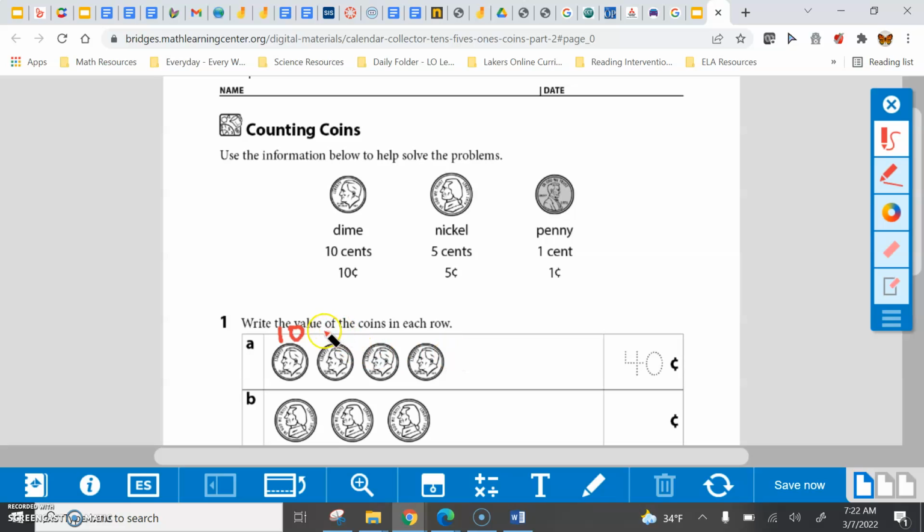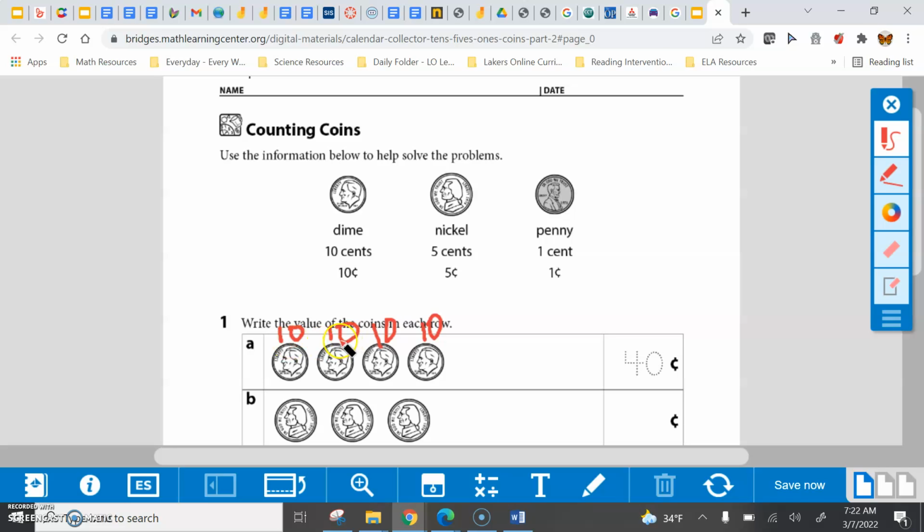So with this first example, I see, wow, 4 dimes. So I'm going to put 10 cents over each one. Why is that important? It will help me when I am going to add all of those coins together. So my math equation becomes 10 plus 10 plus 10 plus 10. And let's do that together.